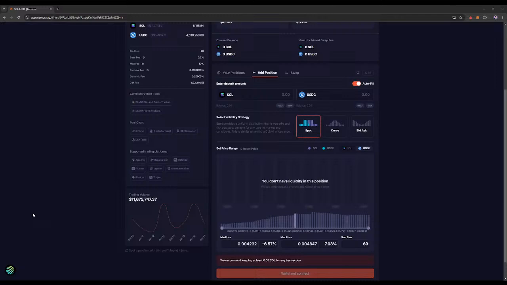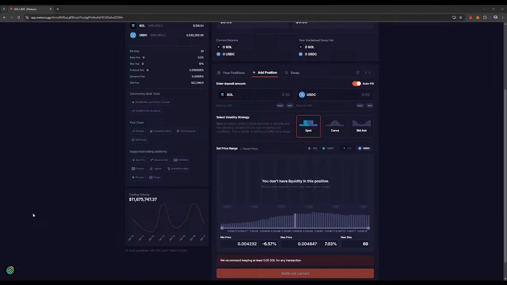So what this basically means is, if your price is not very volatile and it stays very close to the current price range, in those cases this is a much more efficient strategy, because most of your liquidity will be in this active price range compared to the outer ends of your range, wherein you have the least amount of liquidity available at both ends if the price goes up or down.